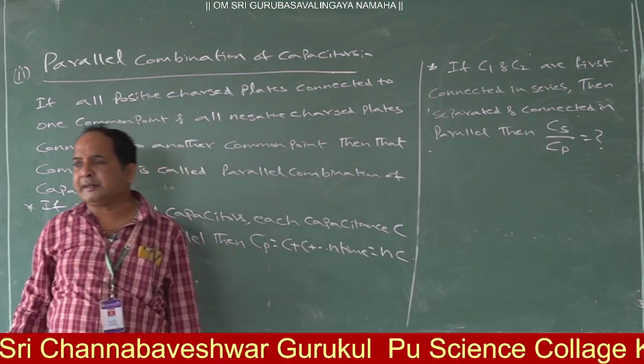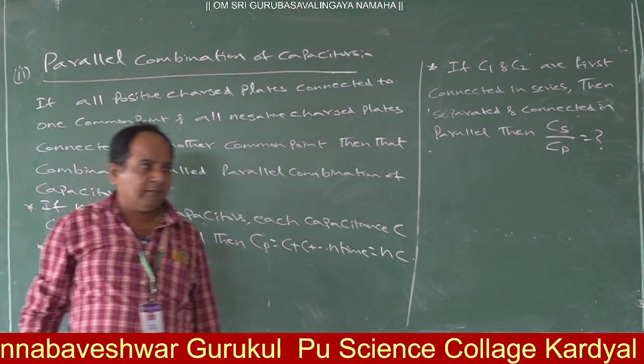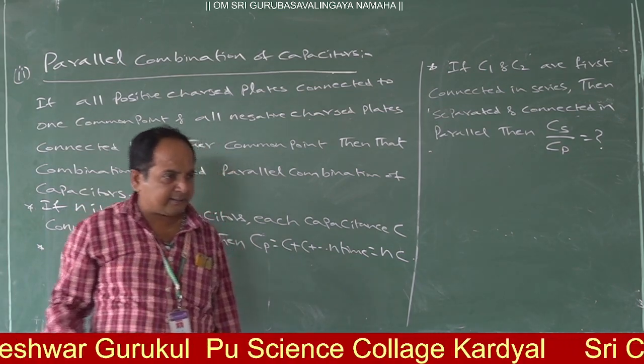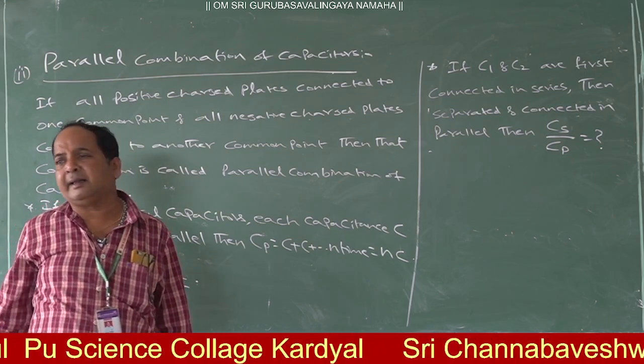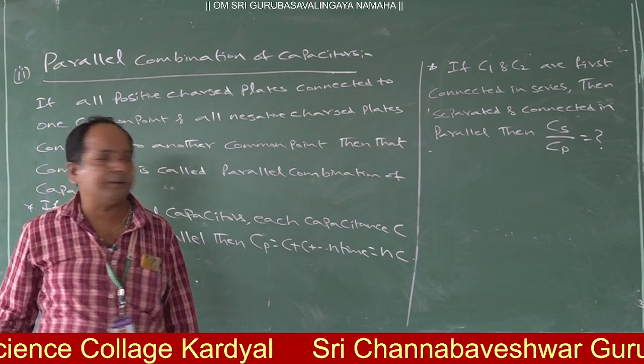If C1 and C2 capacitors are first connected in series, then separated, and again connected in parallel, then Cs by Cp is equal to how much?